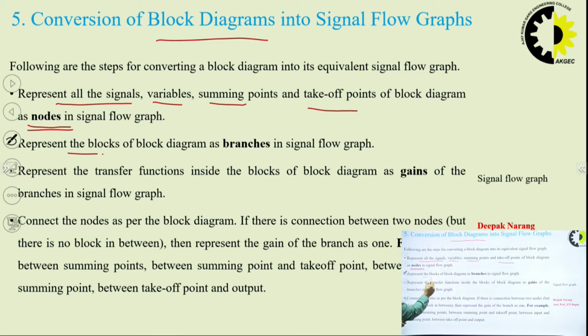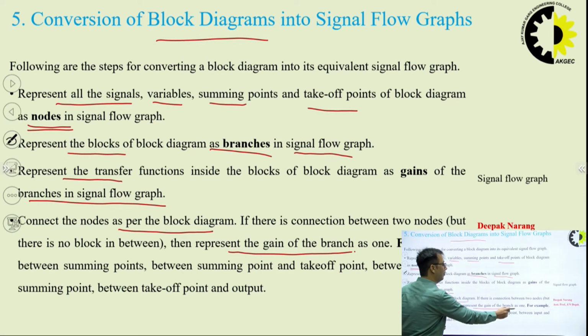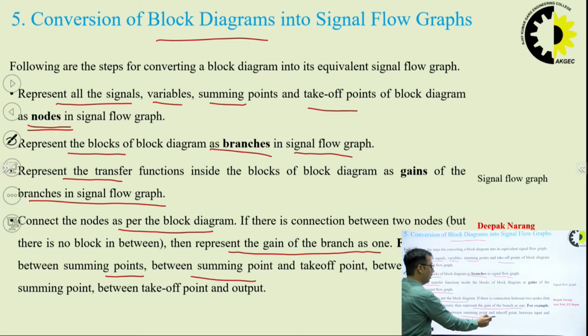Second, represent the block as a branch in the signal flow graph, and then represent the transfer function inside the given block as the gain of the branch. Connect the nodes as per the given block diagram and then represent the gain of the branch, for example, between summing point and takeoff point.